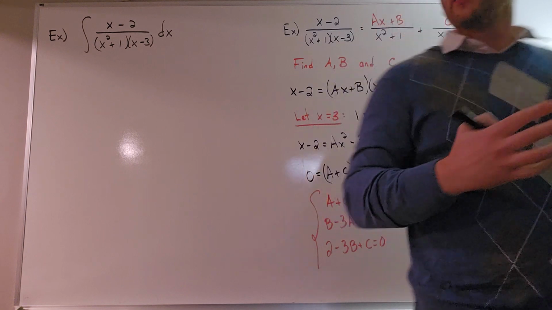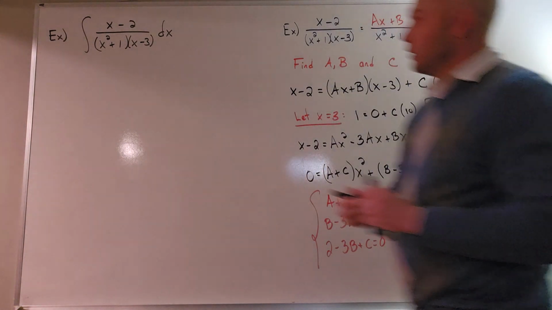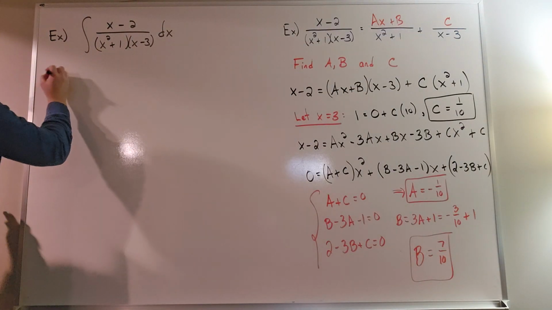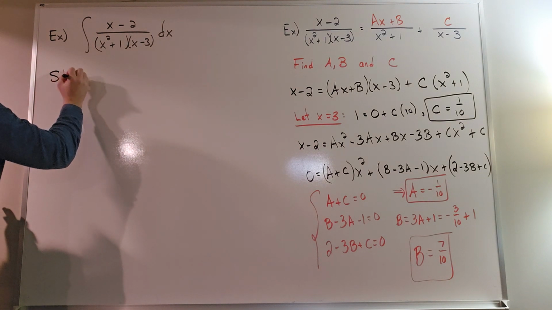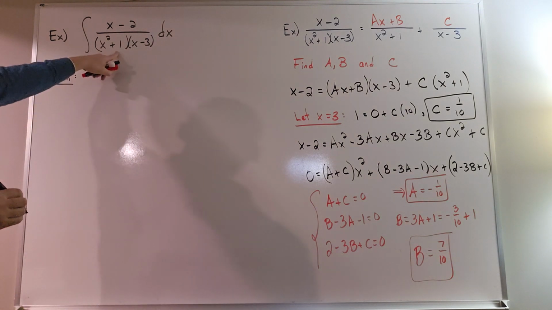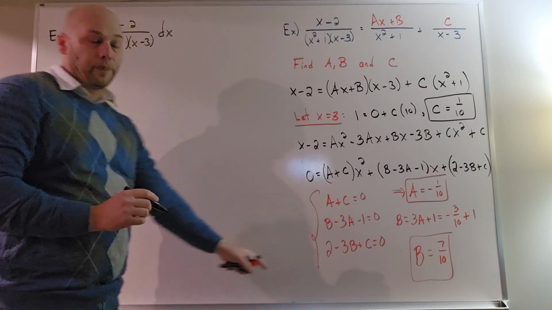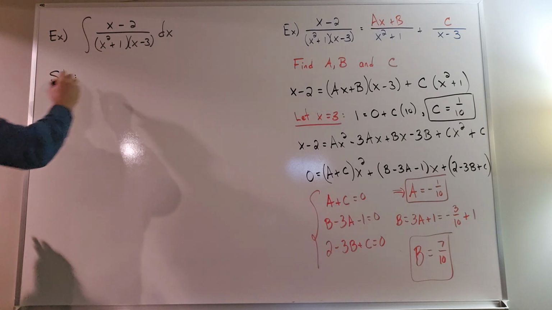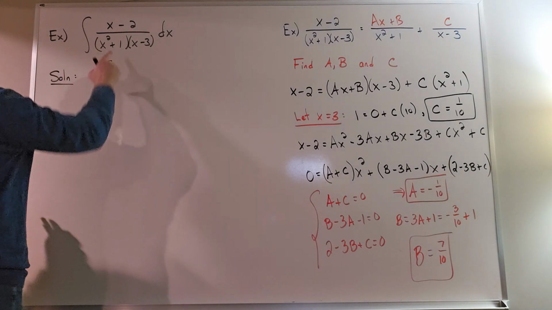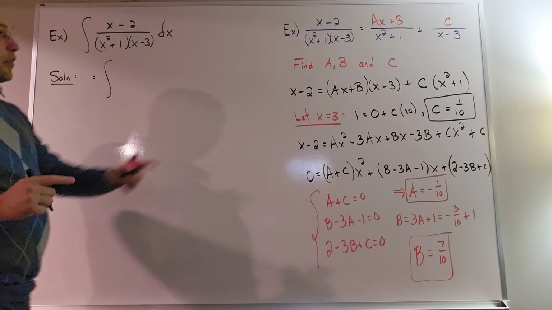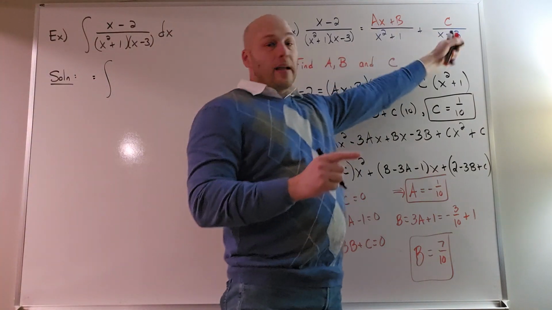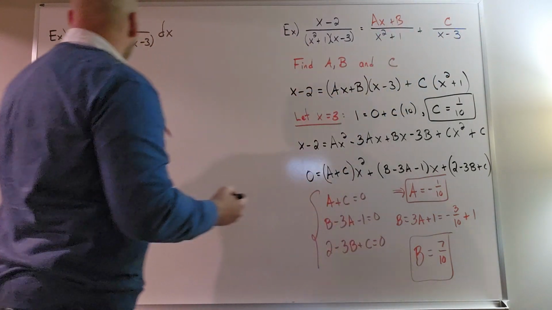So if I was given this integral, what I would want to do, solution, I would want to take this expression and do the partial fraction expansion. That's exactly what we did in this previous example. And then once I do my partial fraction expansion, I replace this integrand with this integrand with the constants filled in. That would give me the following.